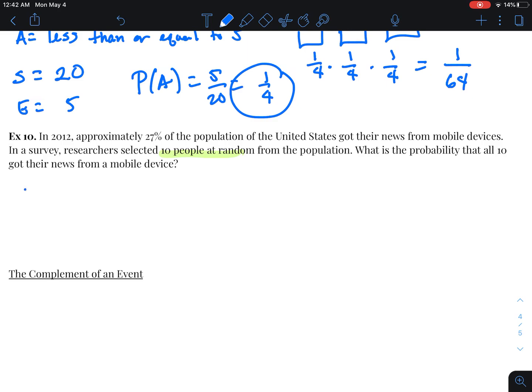Our event A is the population getting their news from mobile devices.